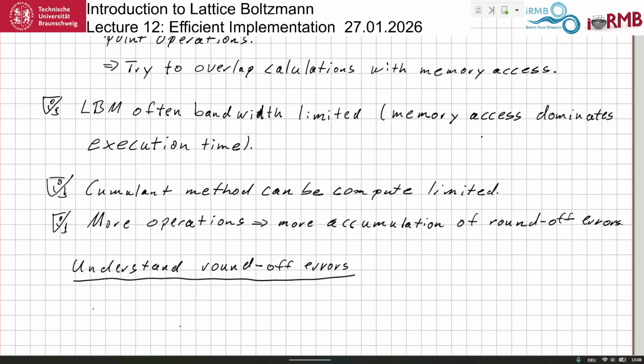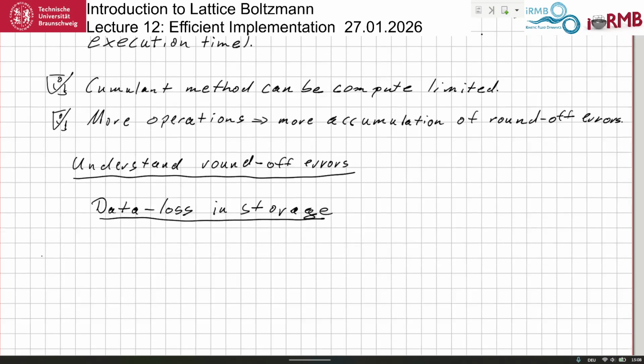We first consider data loss in storage, and later we'll discuss data loss in computation. Okay, so say we have the populations f_ij, they are superpositions of the moments.